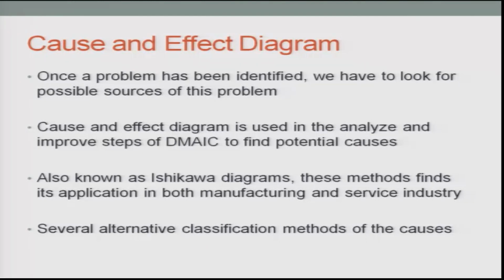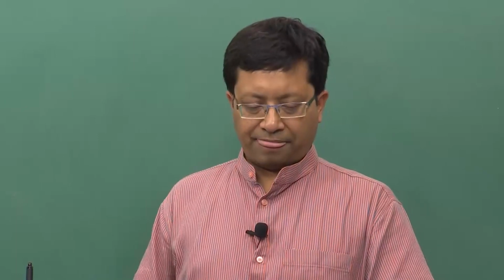Also known as the Ishikawa diagram, these methods find application in both the manufacturing and service sectors in equal proportions. Several alternative classification methods of the causes can be implemented so that we are able to increase the concept of quality, which we have been talking about for the last 10 or 11 lectures, whatever we have completed as of now.